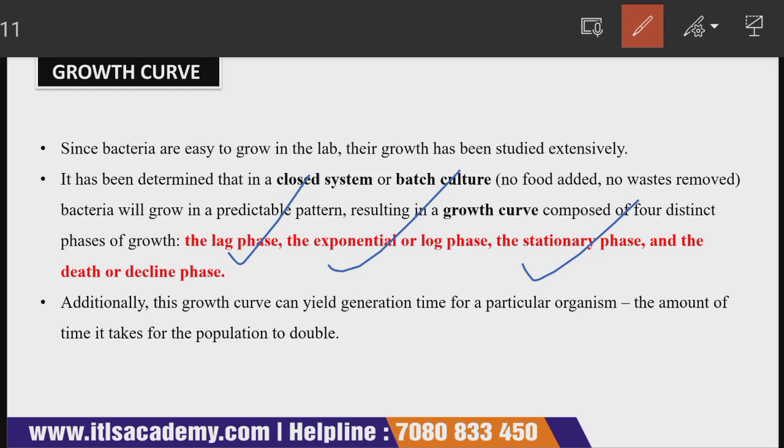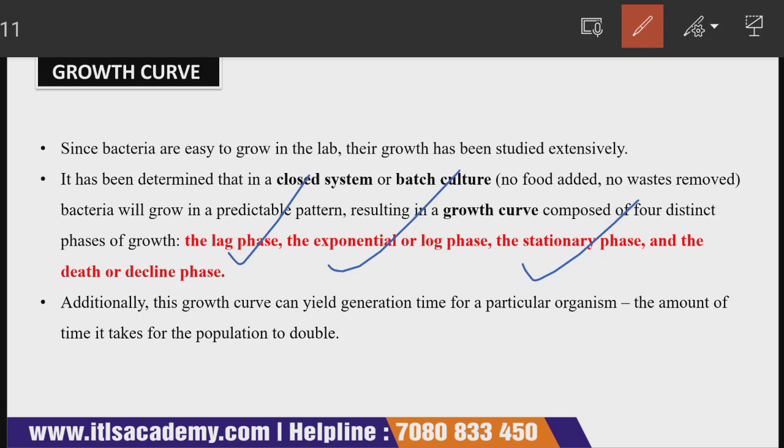So bacteria will grow in a predictable pattern, resulting in a growth curve composed of the four phases: lag, log, stationary, and death.